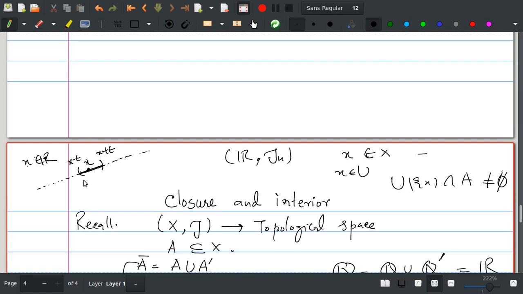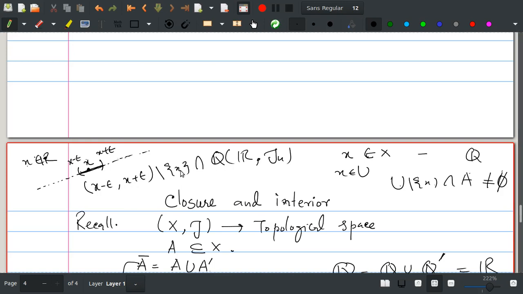So in place of A we have Q. Now if I take this interval and remove the point x from it and look at its intersection with Q, this interval contains infinitely many rational numbers.